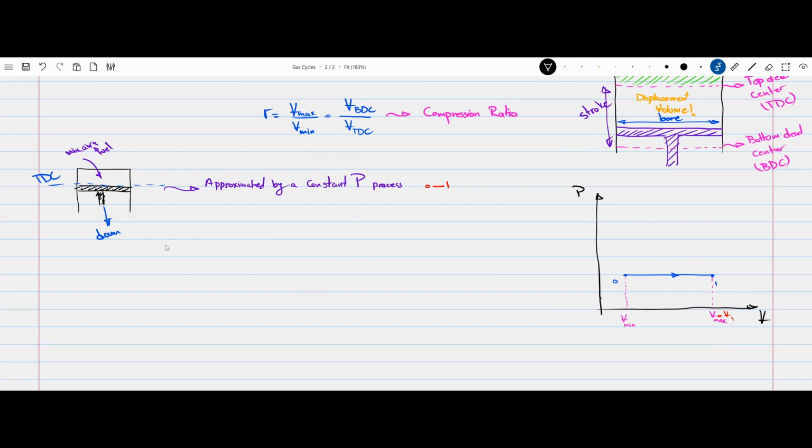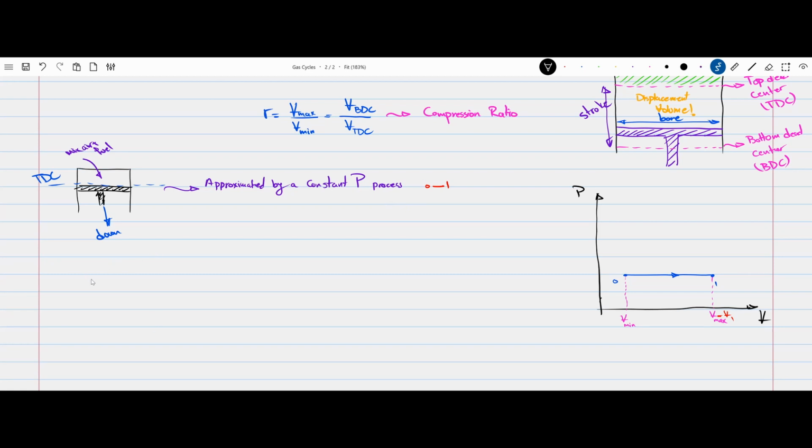So the next process begins right after the piston hits the BDC, and the piston starts to go up again. It will be the second stroke, right? The piston starts to move up, during which both the intake and exhaust valves are closed, and this air mixture is going to get compressed.